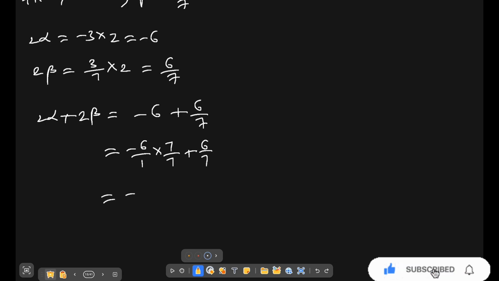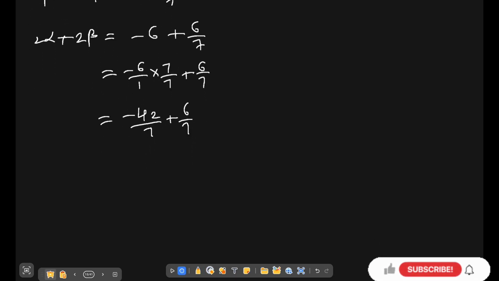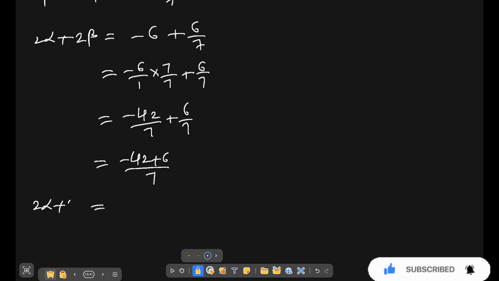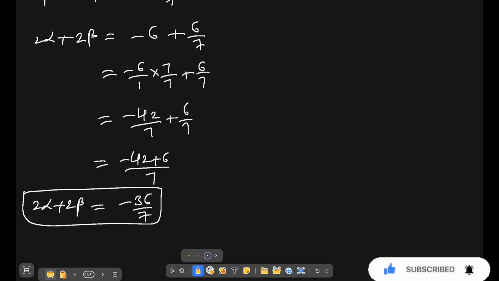So it is equal to minus 42 by 7 plus 6 by 7. Both denominators are equal, right? So it is equal to minus 42 plus 6 whole by 7. So 2 alpha plus 2 beta, the sum of the zeros, is minus 36 by 7.